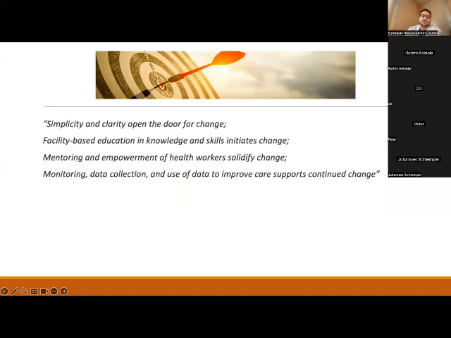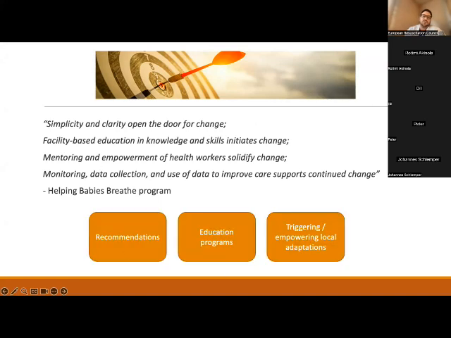Monitoring, data collection, and use of data to improve care supports continued change. And this is something that we could also aim for in resuscitation in low resource settings. If we want to change something, if we want to have guidelines, recommendations that are truly applicable to all kinds of resource settings, we should look at this statement, I think, and try to implement it.